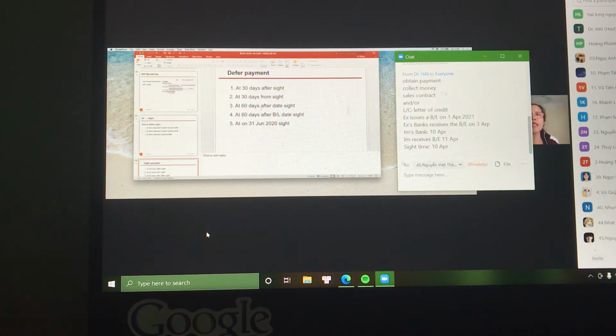Number 3, 60 days after date sight. Number 4, 60 days after B/L date sight. And the last one is on 31st June 2020 sight.